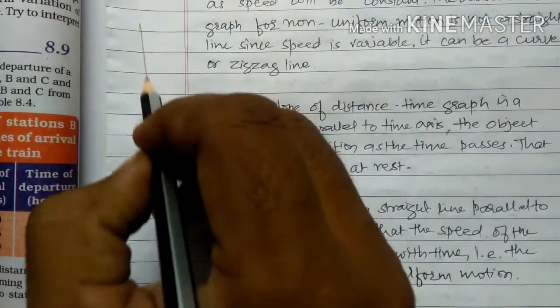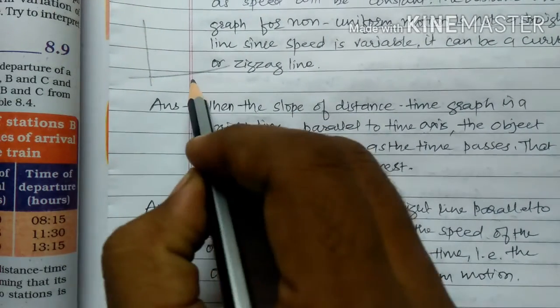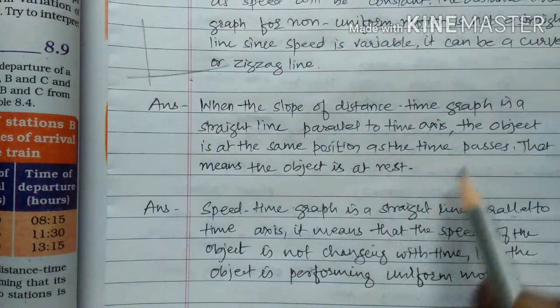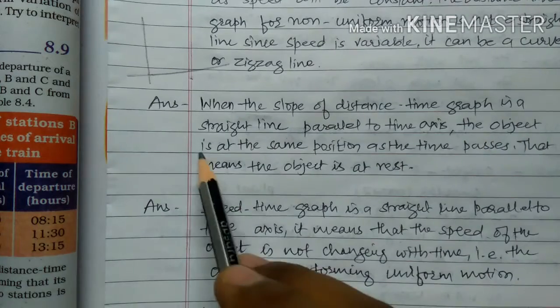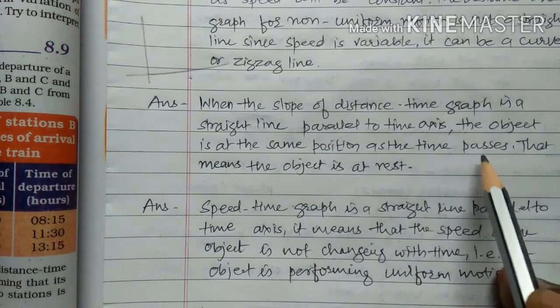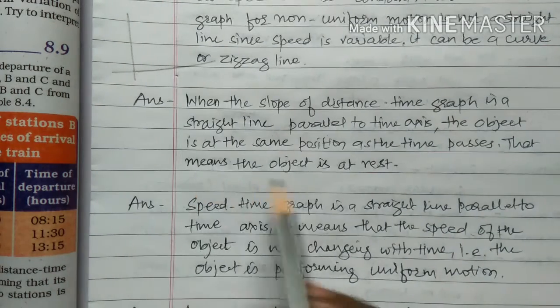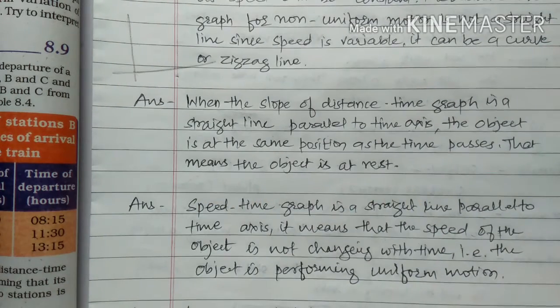See here, in the graph we have taken here, this is the x-axis, meaning time. The object is at the same position as the time passes. That means the object is at rest.